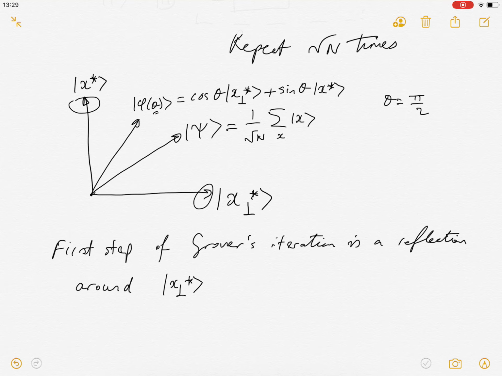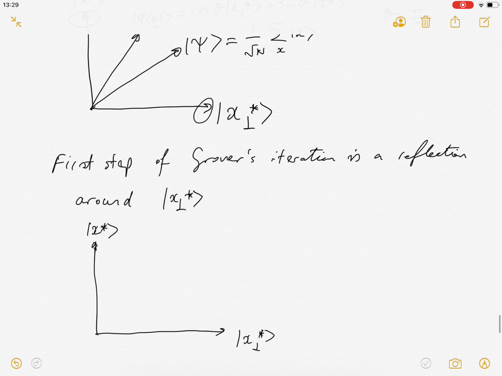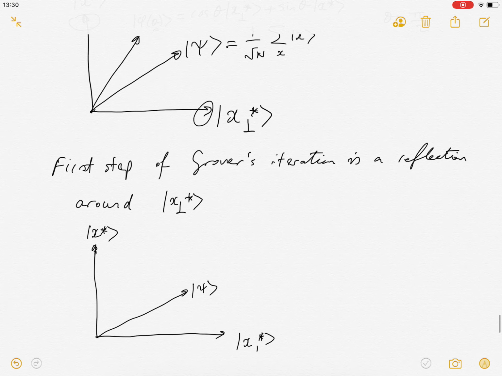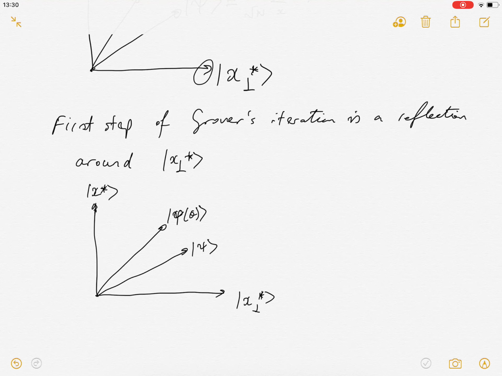So let me redraw this diagram. We have psi here, we have phi theta, and let's suppose that the angle is theta here.